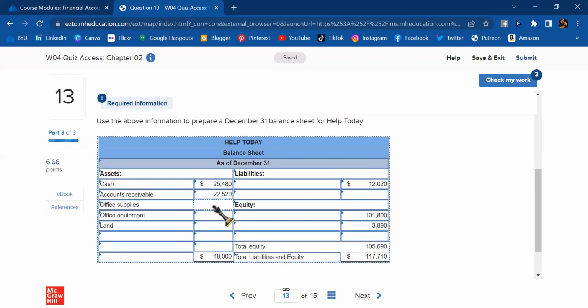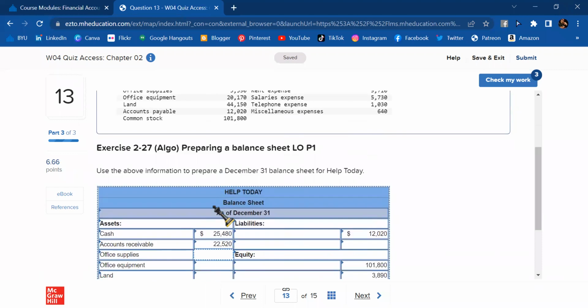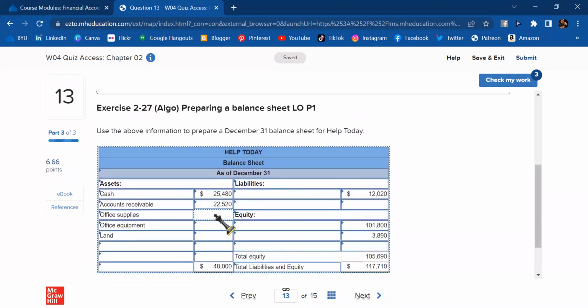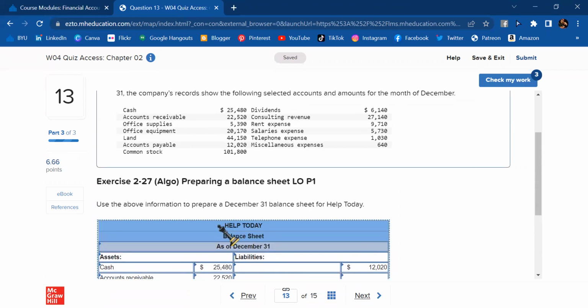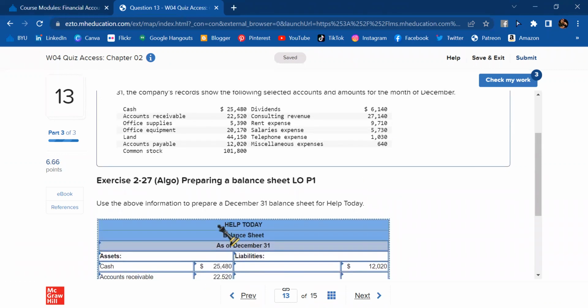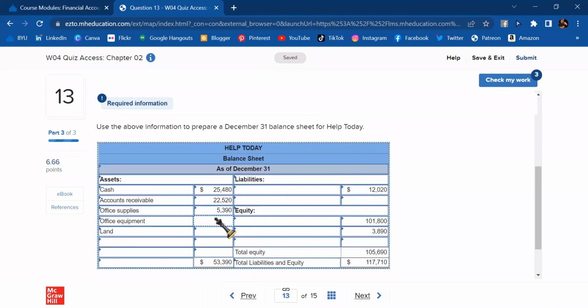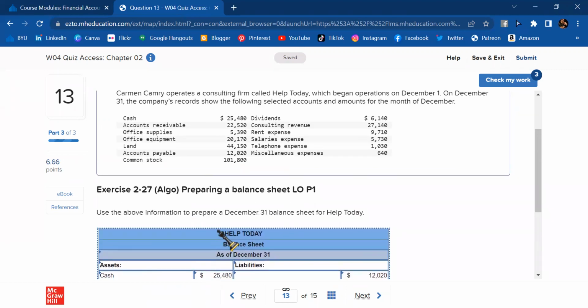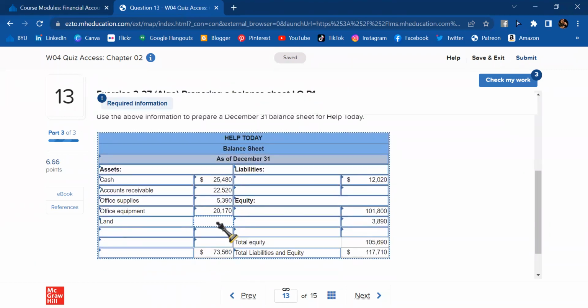Office supplies was 5,390. Then office equipment was 20,170. Oh wait, I messed up there. It was 20,170, yeah, that's right. And then the land was at 44,150.